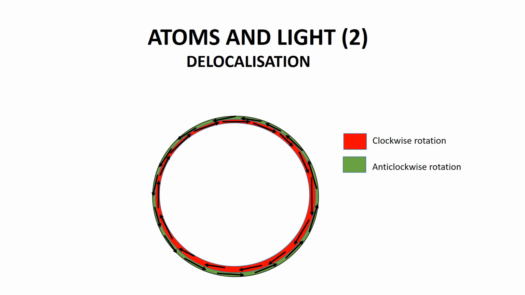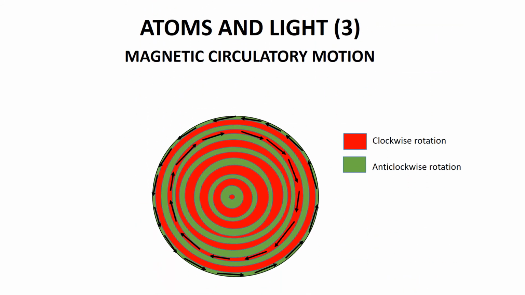This phenomenon in chemistry is called delocalization. So in the outer shell, delocalization sets up a clockwise and an anti-clockwise magnetic rotation. Of course, all the inner shells have their own rotations. So this is what the magnetic circulations look like for a few shells.